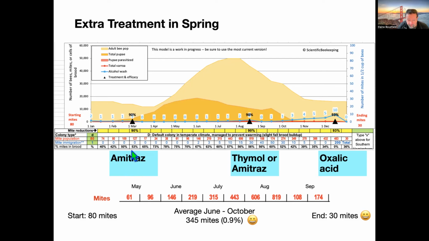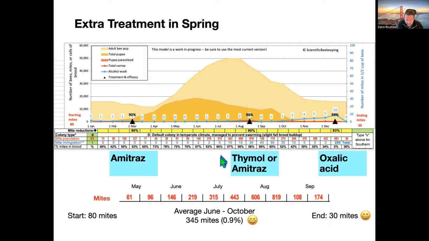But if you were to hit the bees with some amitraz early in the spring, very early on, you knock them right down. And then if you continue with your normal thymol and then oxalic, so you've got 3 treatments across the year now instead of 2, this is typically where you'd be with the mites, which is fantastic, very low.